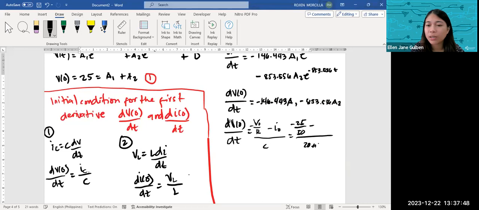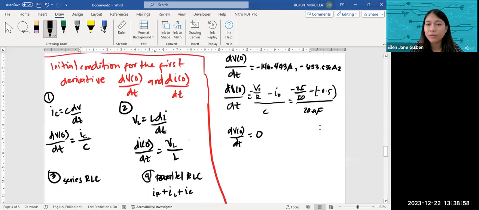Okay, so our dVO over dt is equal to, solving for this one, we get 0.5, and then this one becomes positive, so we get a dVO of 0. Okay, so this one will just be equal to 0.